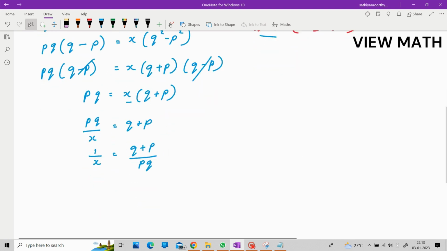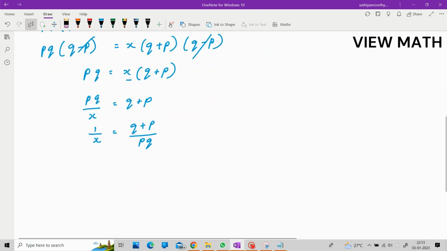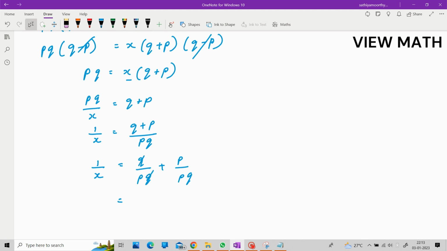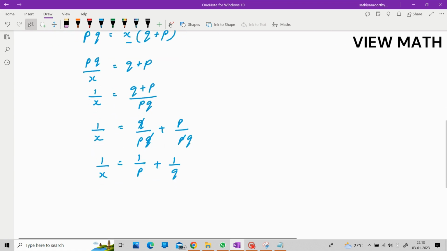Now I'm going to split the numerator. I'll be getting q by pq plus p by pq. Now q is common, I can cancel. So I'll be getting 1 by p plus, p is common, if I cancel, I'll be getting 1 by q. So 1 by x is equal to 1 by p plus 1 by q. Hence proved.